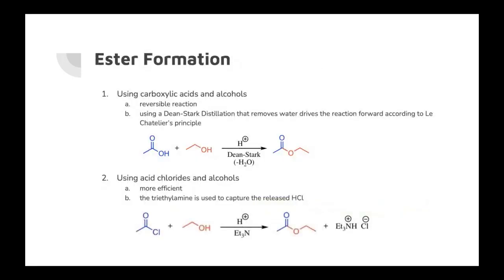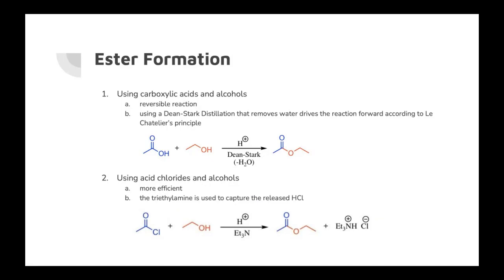Another major reaction is the ester formation. So one way of doing this is to combine carboxylic acids and alcohols. This is usually a reversible reaction between a carboxylic acid and an alcohol to form an ester.